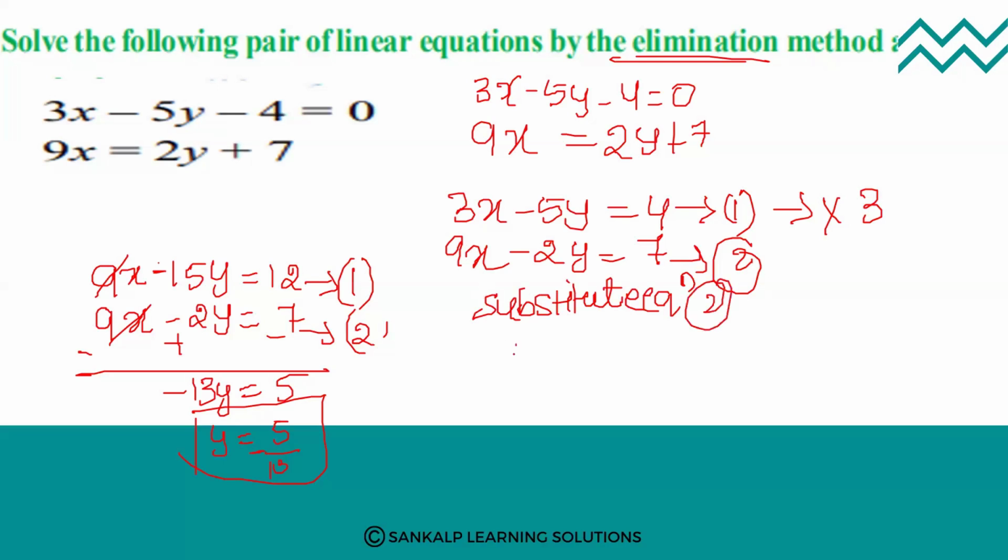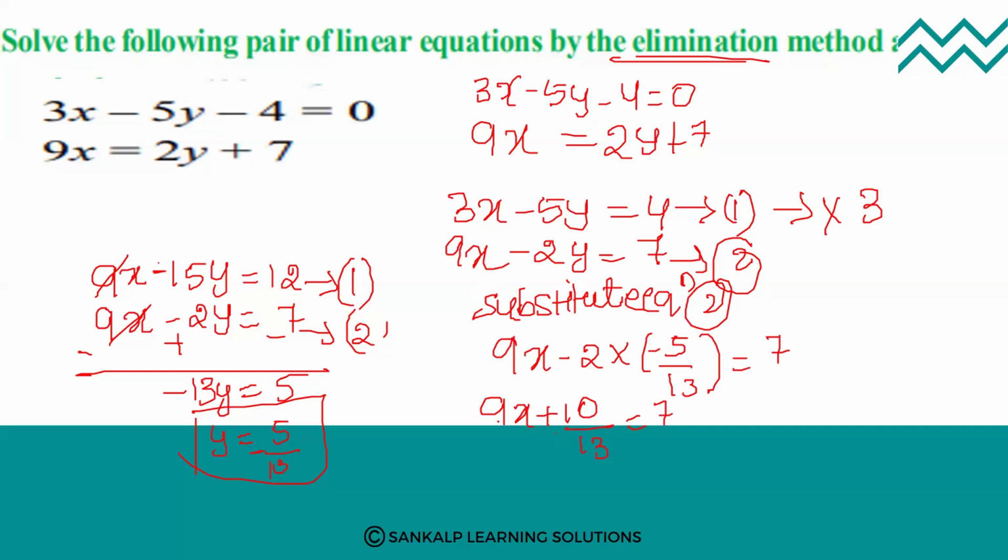What you will get? 9x minus 2 into minus 5 divided by 13 is equal to 7. So 9x minus into minus plus 5 2s are 10 divided by 13 is equal to 7. Right?